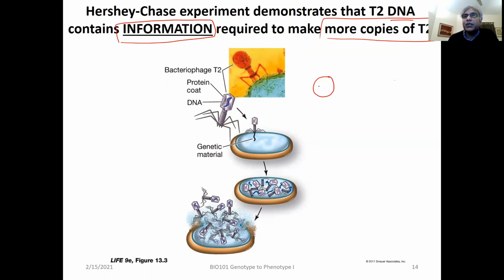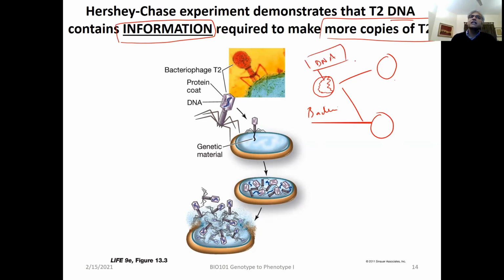An analogous conclusion can be that all the information within the bacteria which is required to make 2 new bacterial cells is encoded within the DNA. So it's the DNA which is the hereditary molecule.